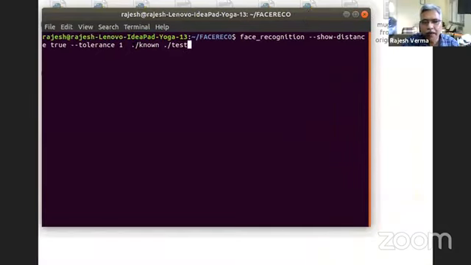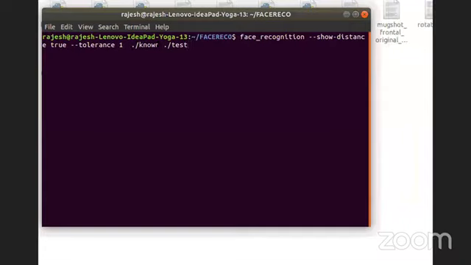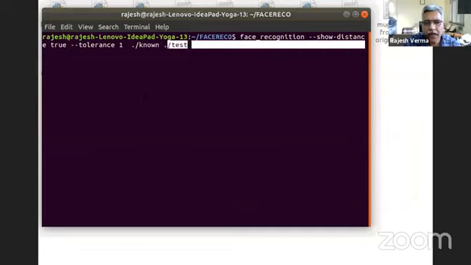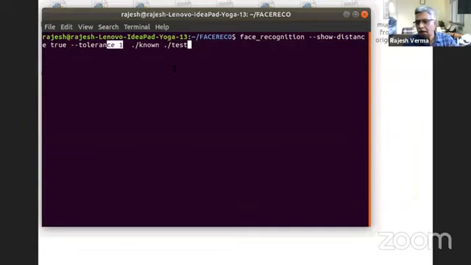Now we are comparing the images in the known folder with the image in the test folder, and we have given the tolerance 1. Tolerance is basically for the distance. This program creates face embeddings, and when it compares two faces, it compares the Euclidean distance between the two embeddings.